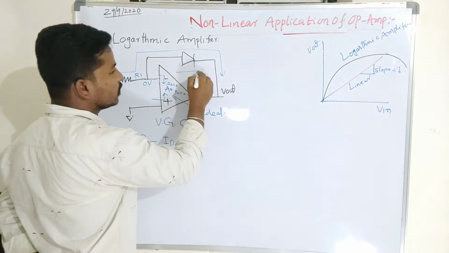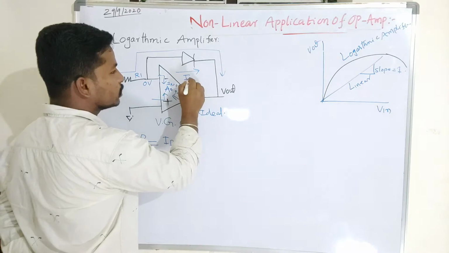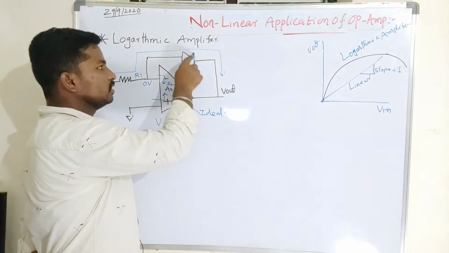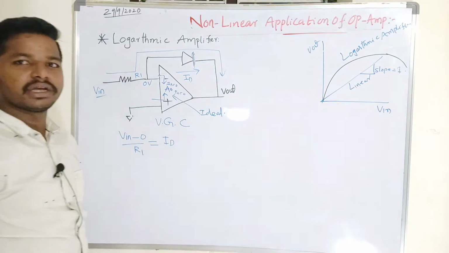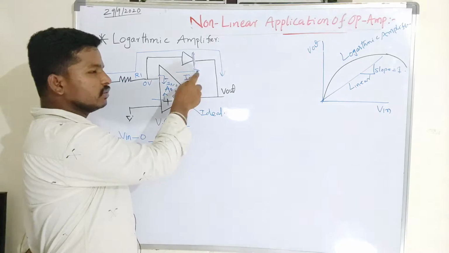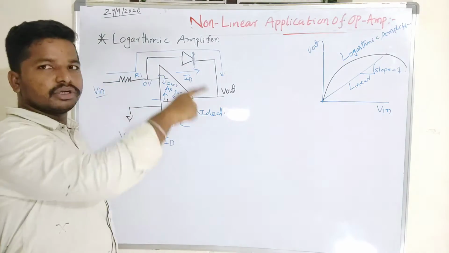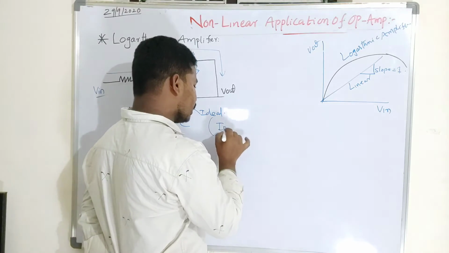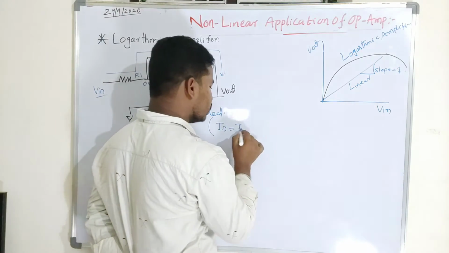A diode allows current in only one direction, and this line indicates the direction of current flow. I am assuming the current flowing through the diode is ID. We also discussed the diode current equation.